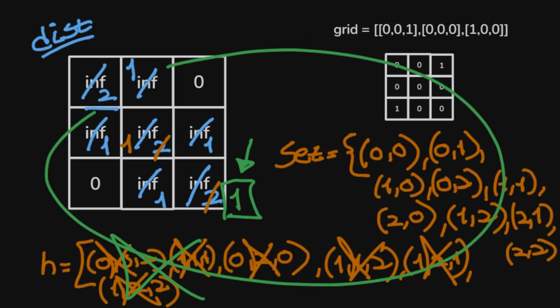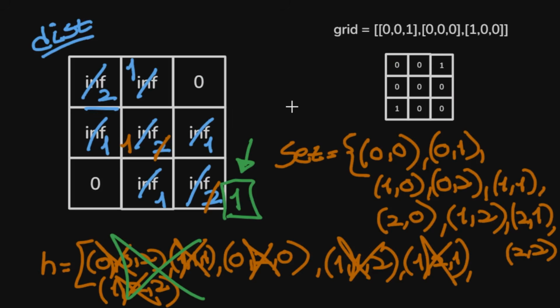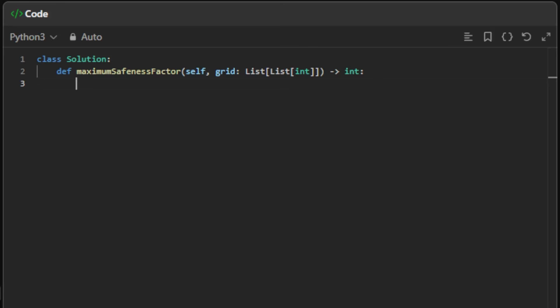So with all of this in mind, let's go with the code and hopefully you will get the idea. First, we can check if we have a thief in either source or destination, because in this scenario we can return 0 right away. So if grid 0, 0 is equal to 1, or grid -1, -1 is equal to 1, we just return 0.